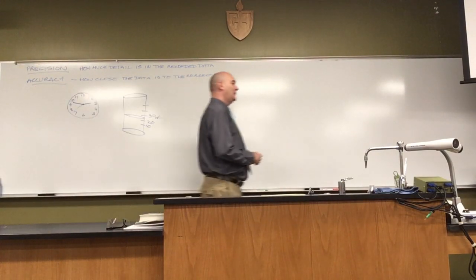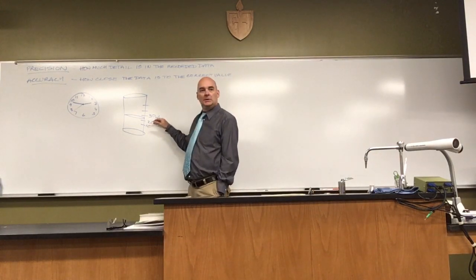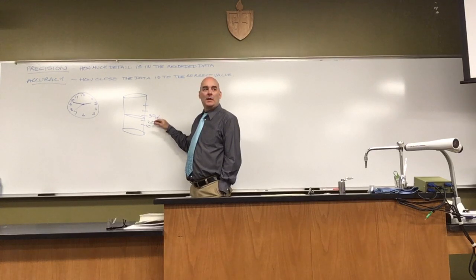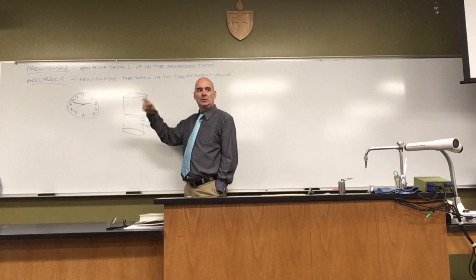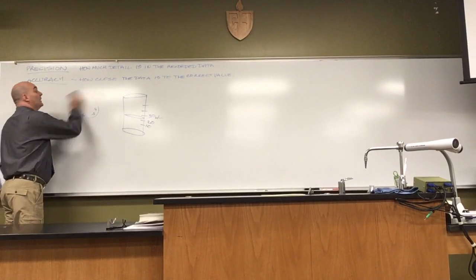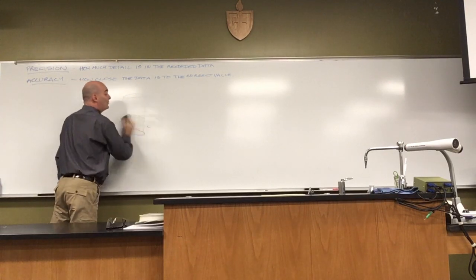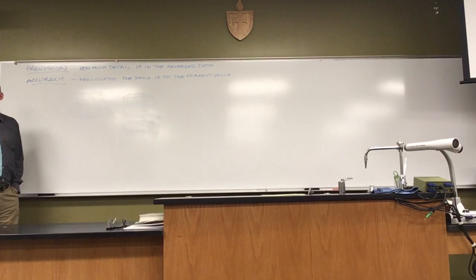So the real definition of significant figures is you take the number that is given to you by whatever measurement device you have, and then you're allowed to invent one additional number after that. Okay, and that's going to end up being our significant figures, which are a measure of precision. They will not measure how accurate you are, because you can look at that clock and really measure where the second hand is.